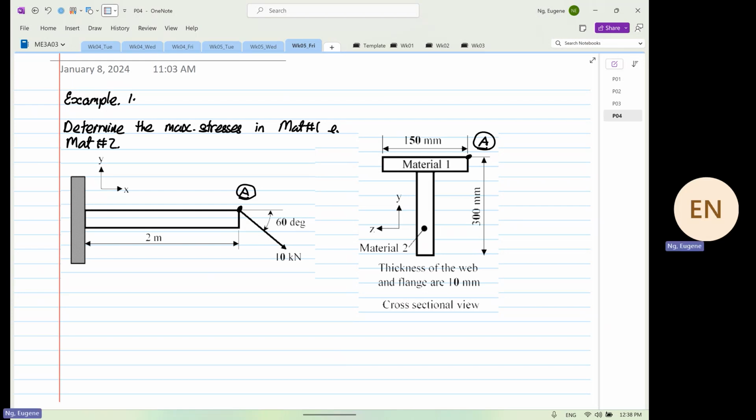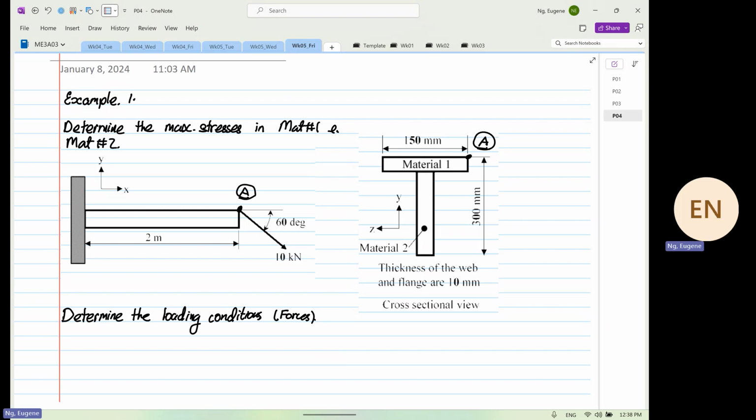So when you look at a problem like this, you have to know what formula you're going to apply. First of all, what sort of loading is this structure? So you have to determine the loading condition. For loading conditions, you have to focus on the forces.